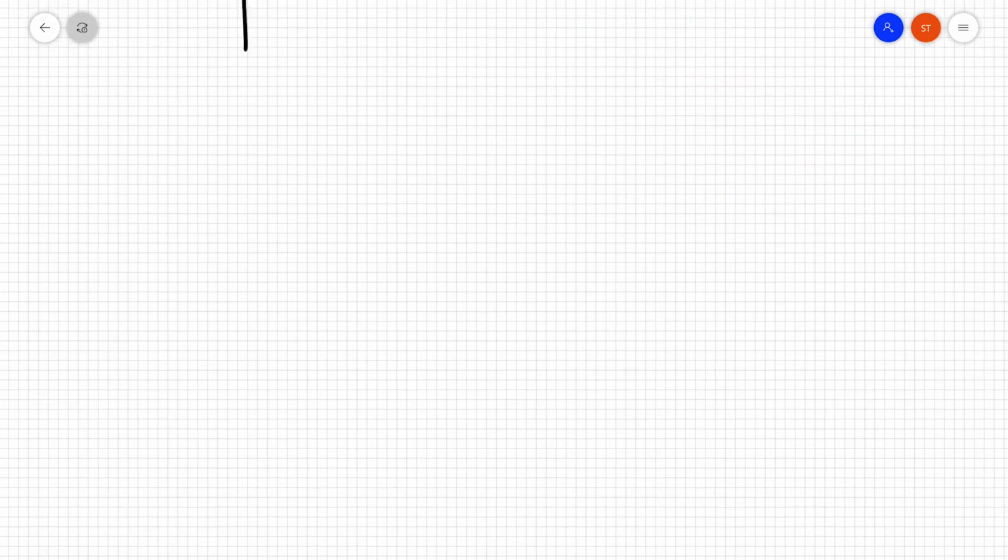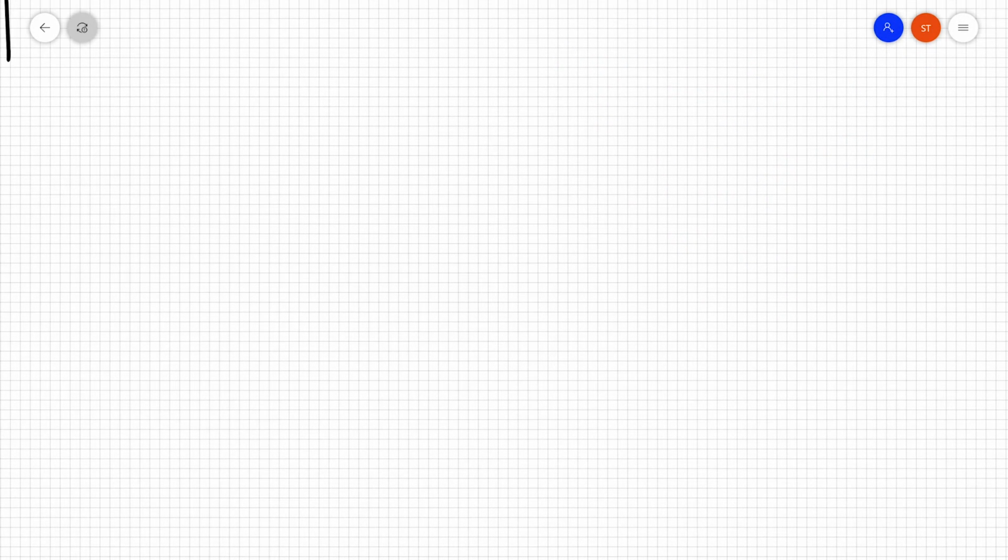A slightly trickier example is an equation like this. This one says x equals y squared plus 1. All right, so this isn't something that we are familiar with yet. This is not the graph of a line or something we can instantly recognize.